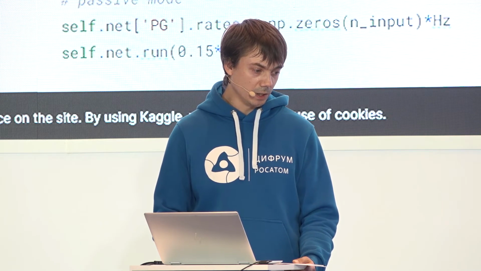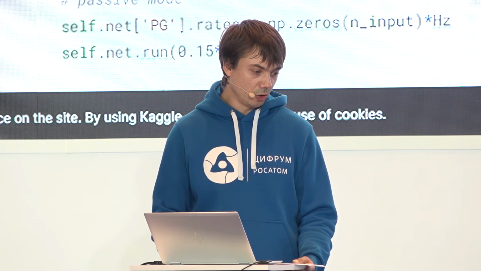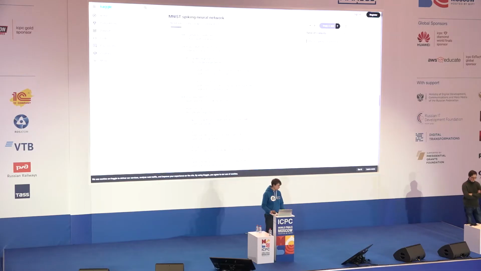We have a cycle where we set the rates of the Poisson generators to the pixel intensities. The image then starts to generate random spike trains. We run the network for 0.35 seconds, and then we go to passive mode and feed the network zeros. This way we did the training phase.